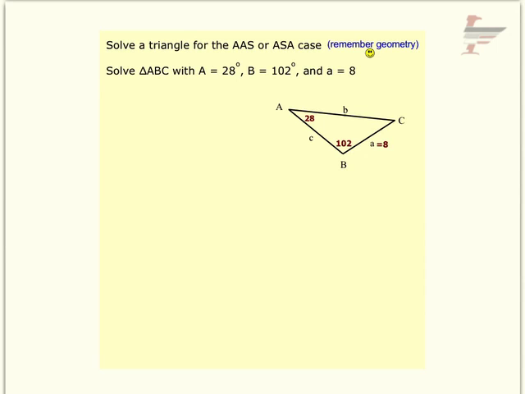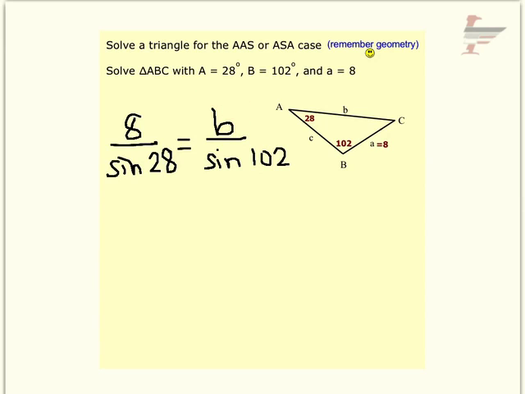Alright, I'm not actually going to fully solve a triangle using the law of sines because there are other videos that do so, but I want you to understand how the side-side-angle case works. So this triangle here, note that you have an angle A, an angle B, and side A. So if I just set up those trig ratios, if I say side A over sine of angle A equals side B over sine of angle B, and then of course I could cross multiply to solve for B, I'll just kind of show that setup.